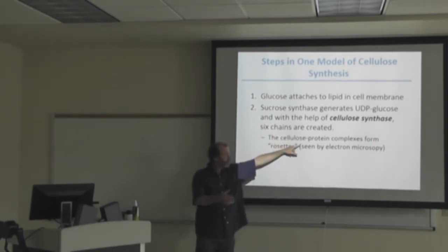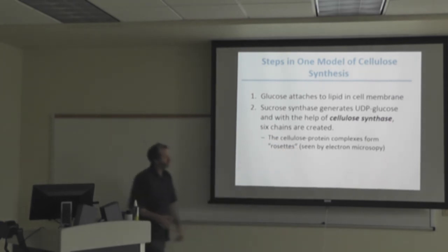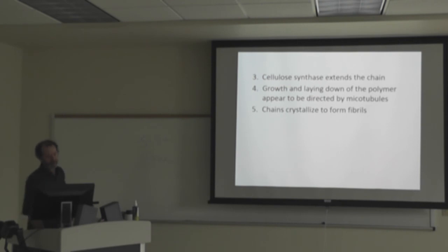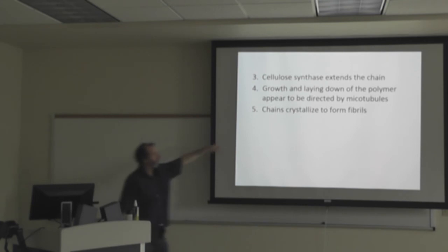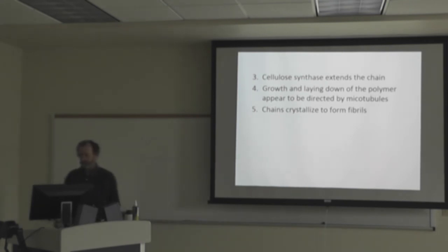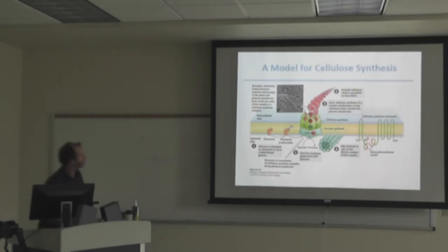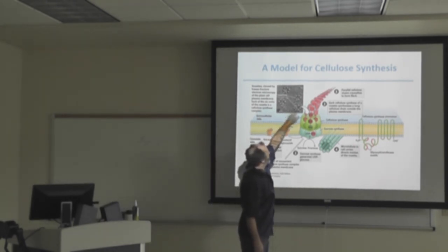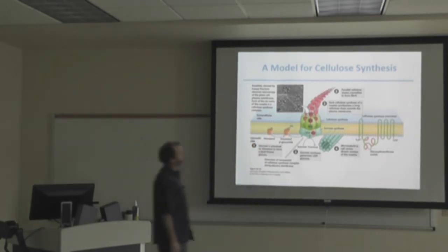The cellulose protein complexes form rosettes. You can see those on electron microscopy. Cellulose synthase extends the chain. Growth, laying down of the polymer, appears to be directed by the microtubules, and the chains crystallize to form fibrils. I can show you these, the EM rosettes here, where you're getting the active cellulose synthesis.